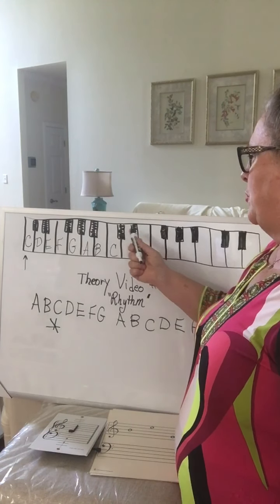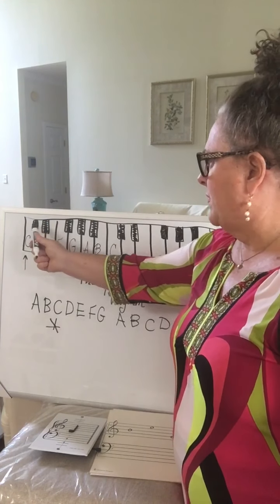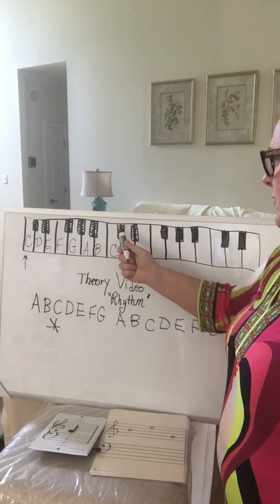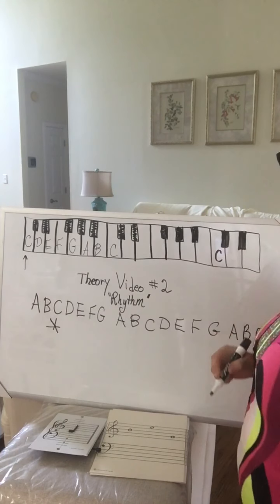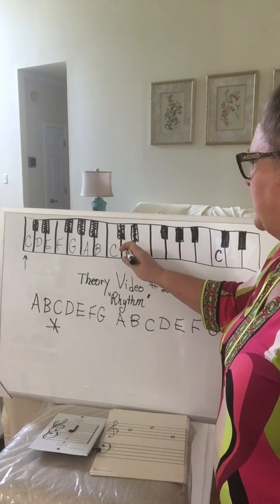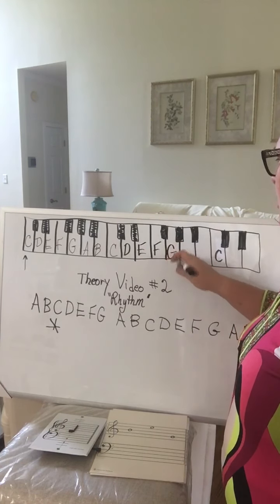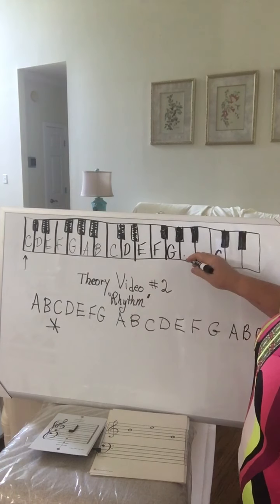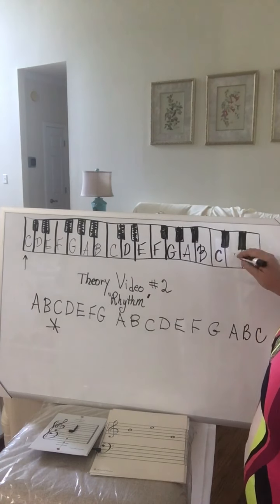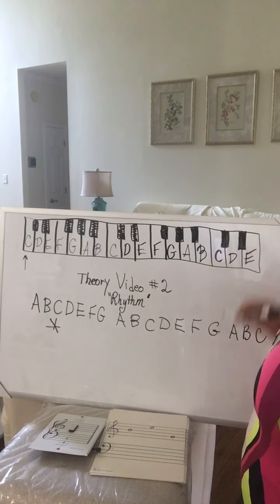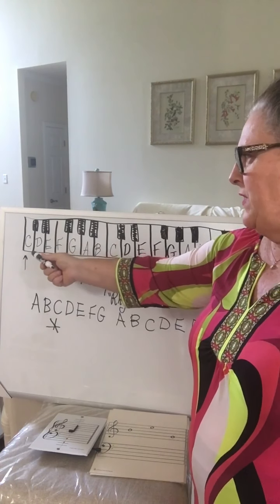And notice that we are to 2 black keys again, and it's always going to be a C. So in front of these 2 black keys is letter C, in front of these 2 black keys is letter C, and also in front of these 2 black keys is letter C. So we're going to fill in the others: C, D, E, F, G. When we get to the end of the music alphabet, we start back with A, B, C, D, E. Okay, so you see that repeated pattern, C, D, E, F, G. That's your 5-finger position.